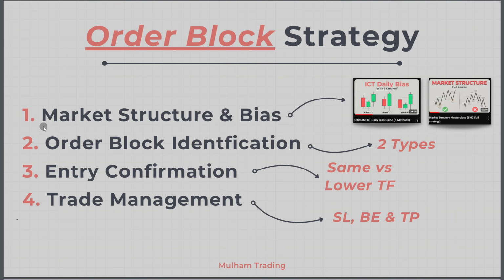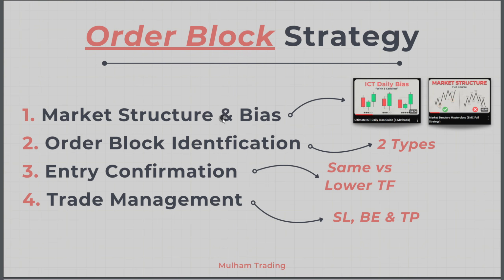The first one is identifying the market structure and the bias. And this is going to be done by, for example, watching this video. I'm not going to repeat all of the things that I already explained. You see here, I explain daily bias with 5 methods in 54 minutes. So if I explained this again in this video, it would be an additional 54 minutes.